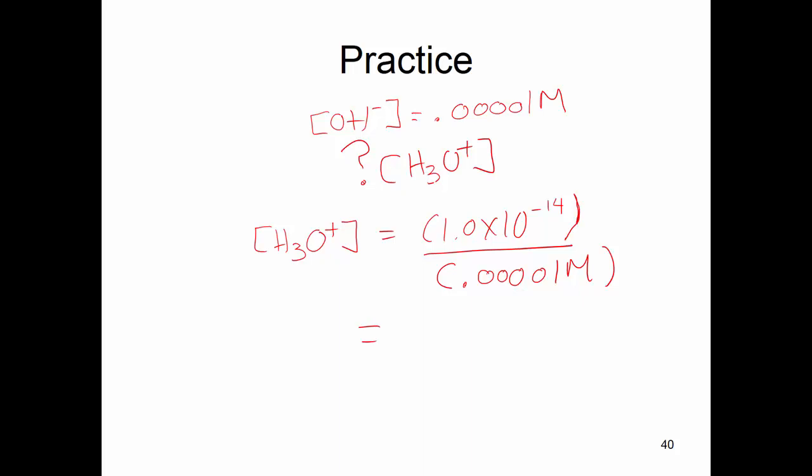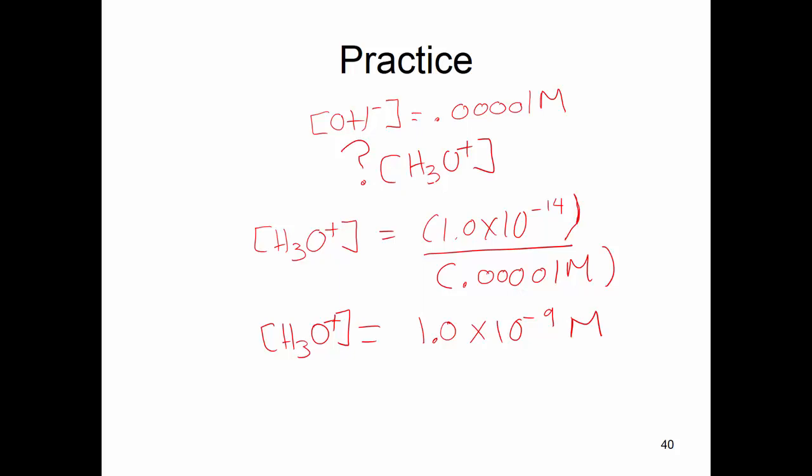And our answer, so check it in your calculator, make sure you get it right, is 1.0 times 10 to the negative 9 molarity. So our hydronium, think acid, concentration is 1.0 times 10 to the negative 9. I'm going to check that in my calculator just to make sure. 10 to the negative 14 divided by 0.00001. Yes, 1 times 10 to the negative 9 concentration.